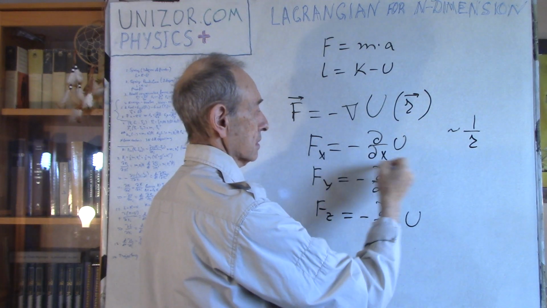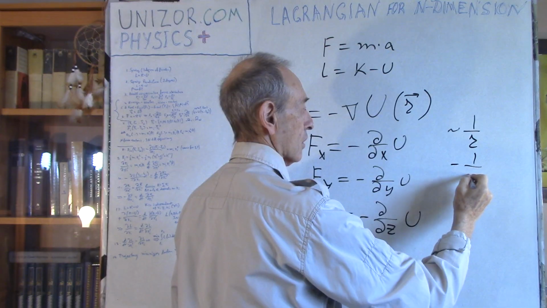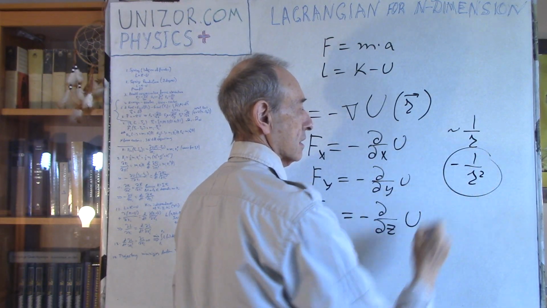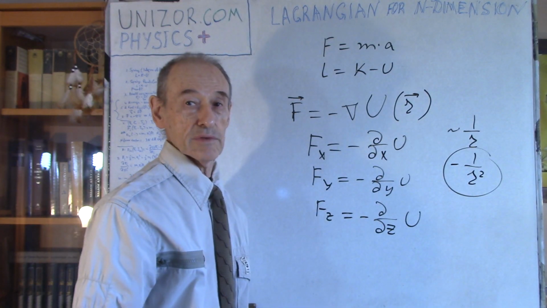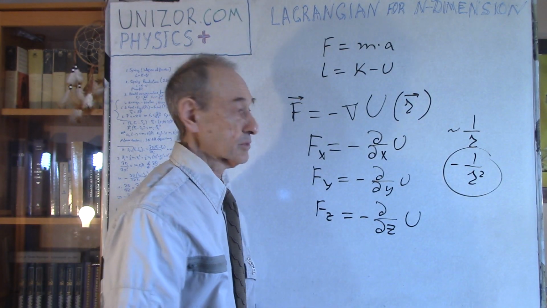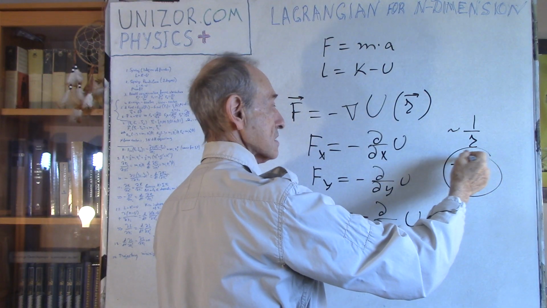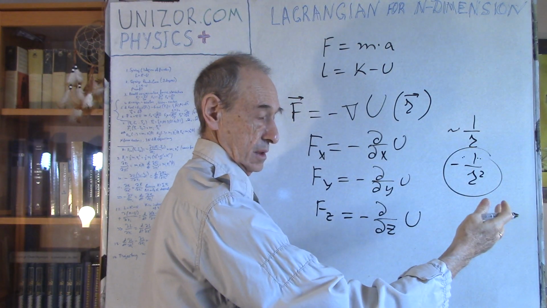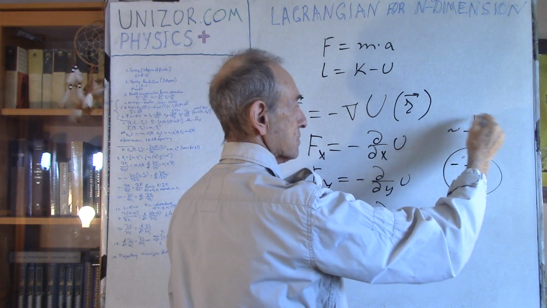And if you take a derivative of this, you will have minus 1 over r squared, and again r squared is in the denominator. That's how gravitational forces actually work. It's the mass of the source times the mass of the object and the gravitational constant. So the same thing is here.